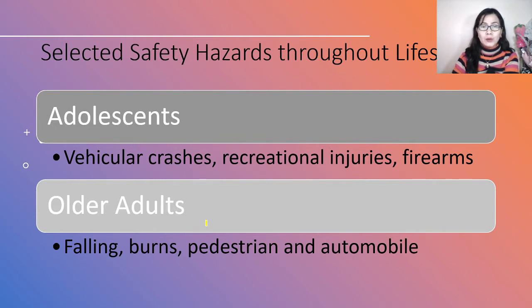How about older adults? These are the senior citizens. They have the possibility to experience falls and burns, because they have diminished senses, so sometimes they don't recognize or notice that the surface is already hot, and for all they know, they already get burned.